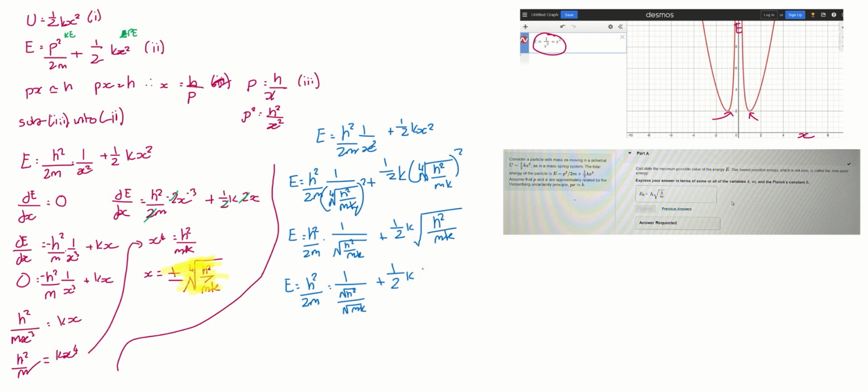A half k root h squared over the root of mk. So E equals h squared over 2m, and I'm doing it, no, it's not equals, it's dot.